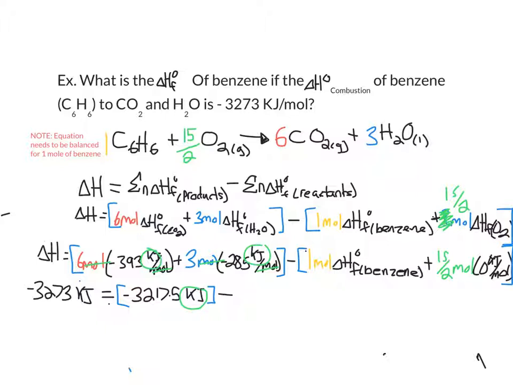So we can simplify our second blue bracket. And basically, we're just left with 1 mole times standard enthalpy of formation of benzene. And that's pretty easy, so we don't even really need a bracket. We can just say we're going to have 1 mole times our standard enthalpy of formation of benzene.